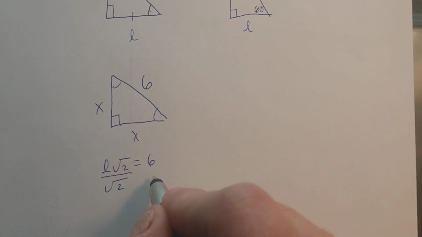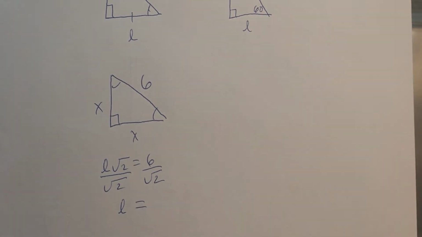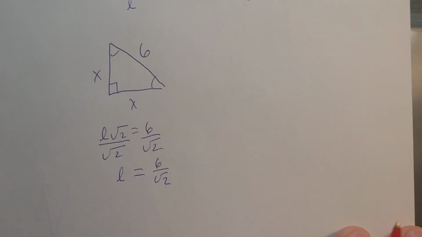We would divide by the square root of 2. Those cancel, so I'm left with L equals 6 over the square root of 2. But we don't like that square root of 2 in the bottom. We can't divide by a number that goes on indefinitely.